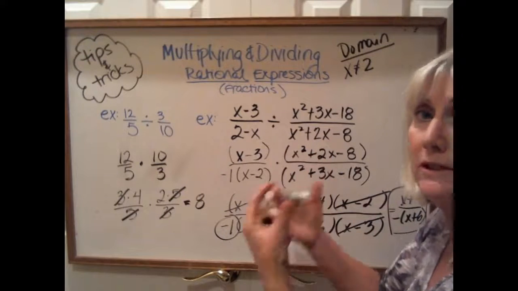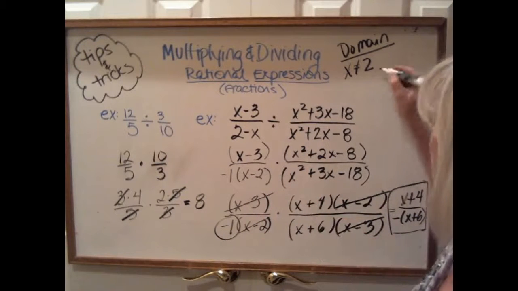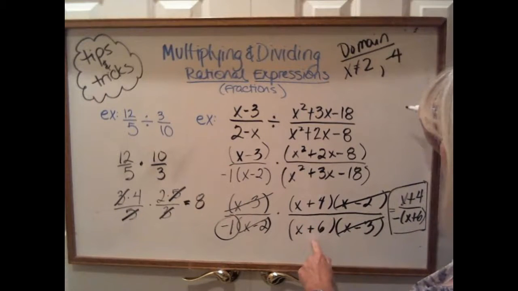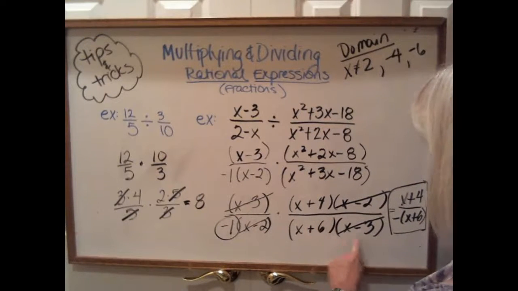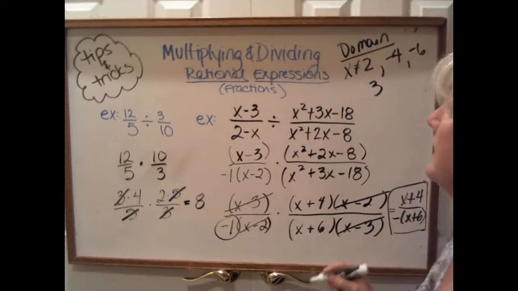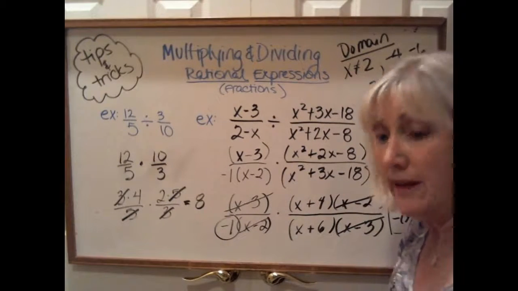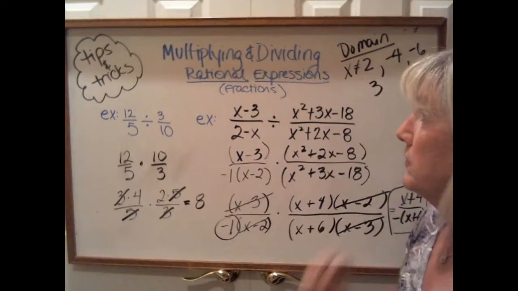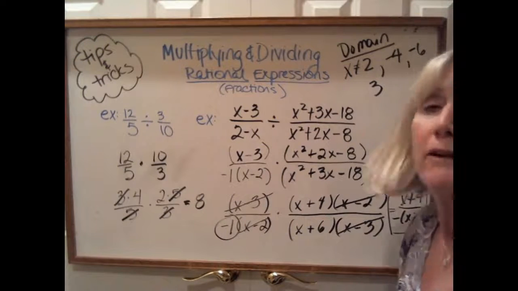So they both count as possible domain restrictions. So x cannot equal 2, can't equal -4, can't equal -6, can't equal 3. And so there's 4 things that x cannot equal, or else a denominator somewhere in the problem would equal 0. So those are my tips and tricks for multiplying and dividing rational expressions.